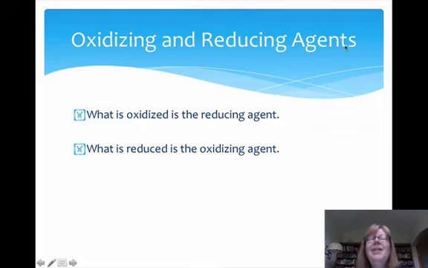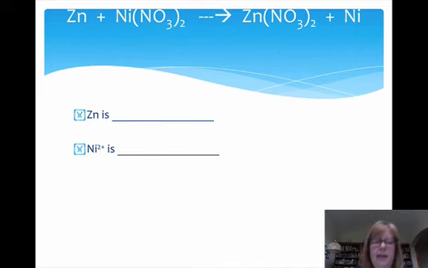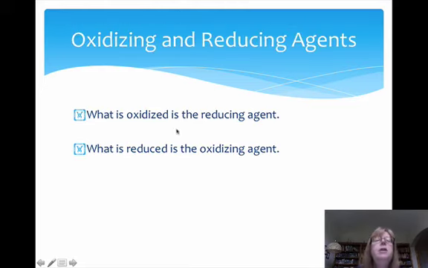All right, now this is just more vocabulary than anything else. Once you identify what is being oxidized, you say, well, the zinc was oxidized. Let me go back for a minute. Oh yeah, the nickel, I want you to be careful. It's not just the nickel metal, it's the nickel +2 ion. Whatever is oxidized is called the reducing agent. So zinc is oxidized, it is the reducing agent.